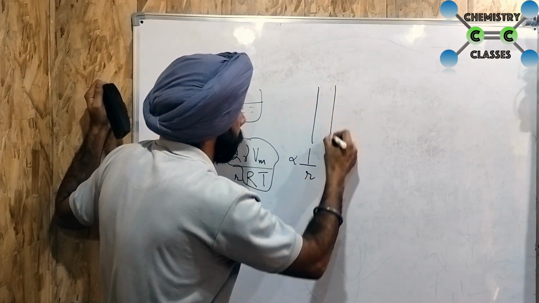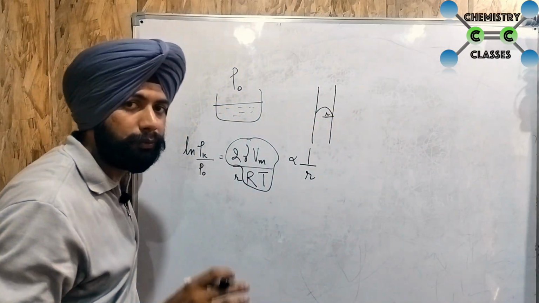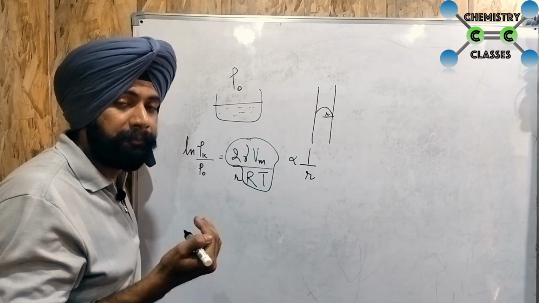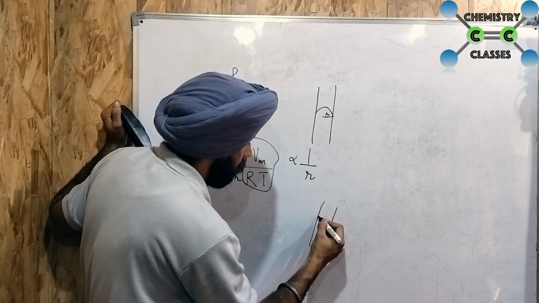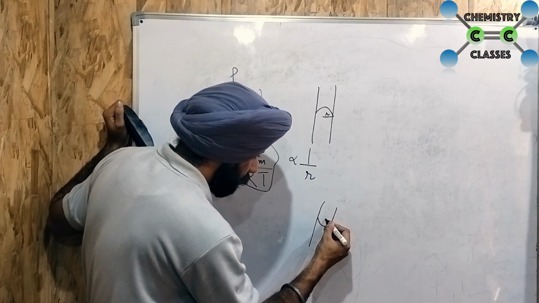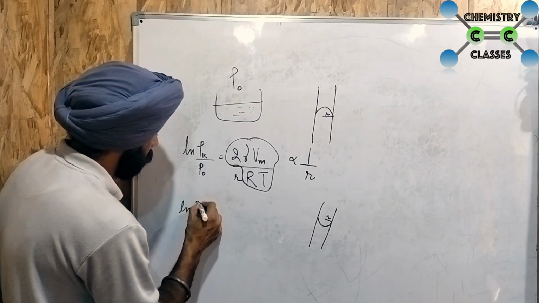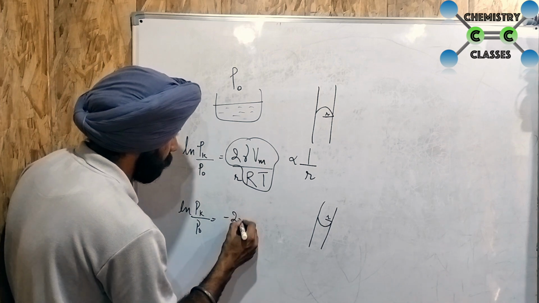So this is inversely proportional to the radius of the curvature. And supposing we have a liquid with an inverse curvature like this, there would be a radius here also. For that kind of liquid, the equation is the same but with a minus sign.